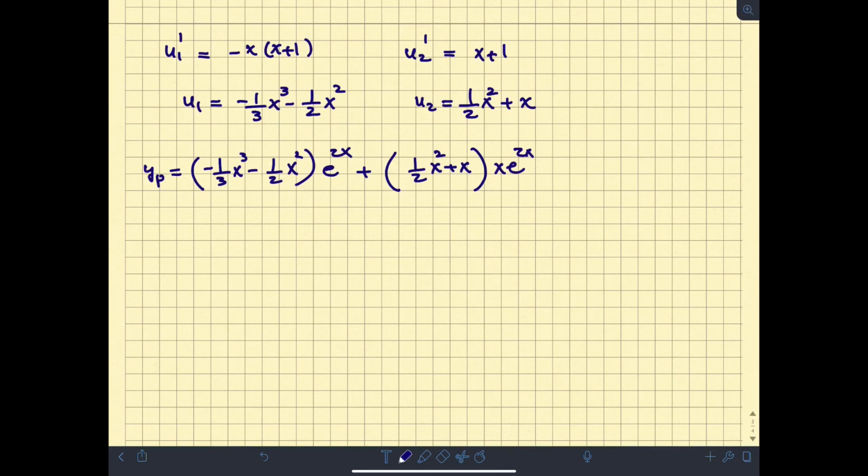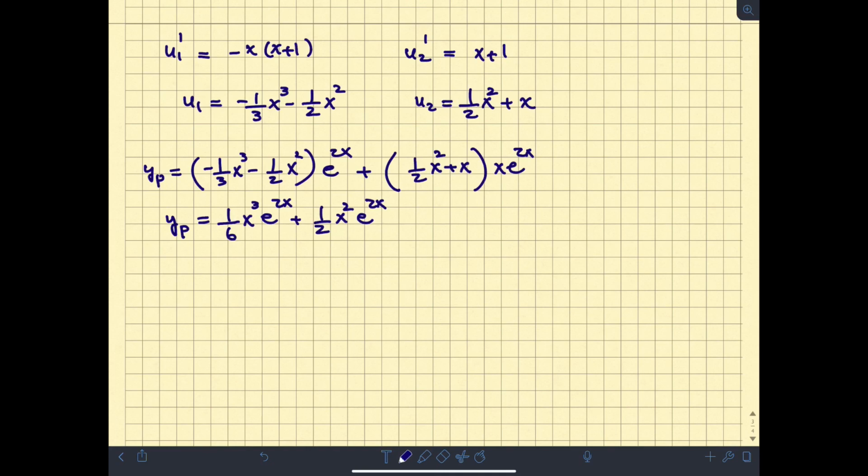And that becomes my particular solution. And if I clean it all up, my particular solution will be 1/6 x cubed e to the 2x plus 1/2 x squared e to the 2x.